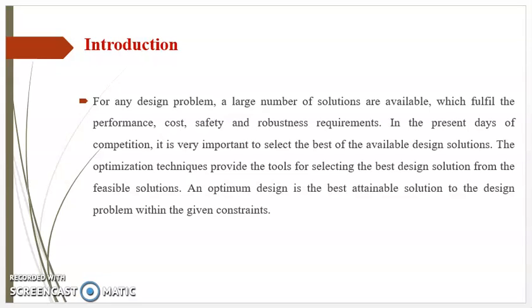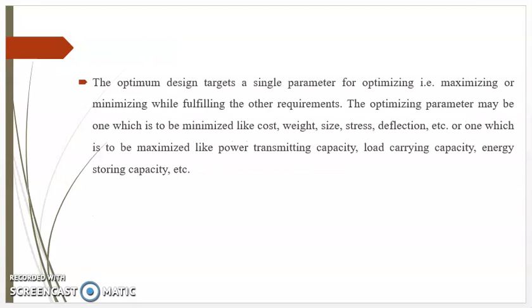An optimum design is the best attainable solution to the design problem within the given constraints. The optimum design targets a single parameter for optimizing, that is maximizing or minimizing, while fulfilling the other requirements.